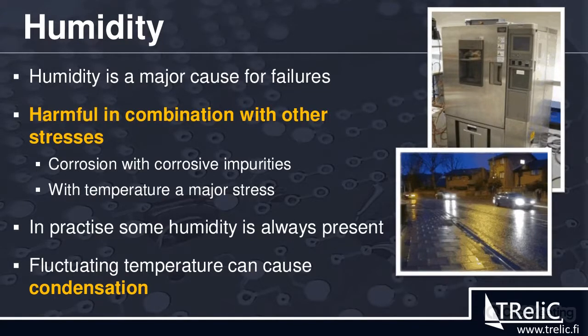And basically, there is always some humidity. The point is whether there is enough humidity to cause problems. And if we have fluctuation of temperature combined with humidity, this can cause condensation. So there are actually water droplets forming on top of the surfaces, which can be a major issue, especially in electrical systems.